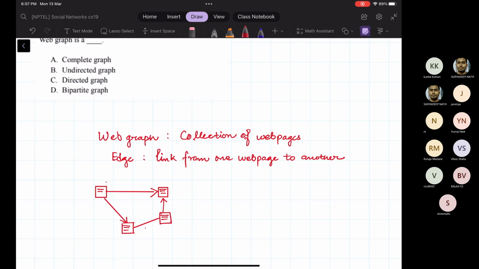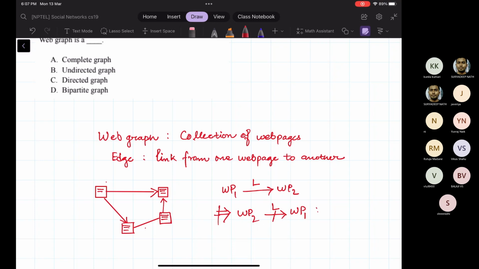If there is a link from web page 1 to web page 2, this does not mean that there is a link from web page 2 back to web page 1.